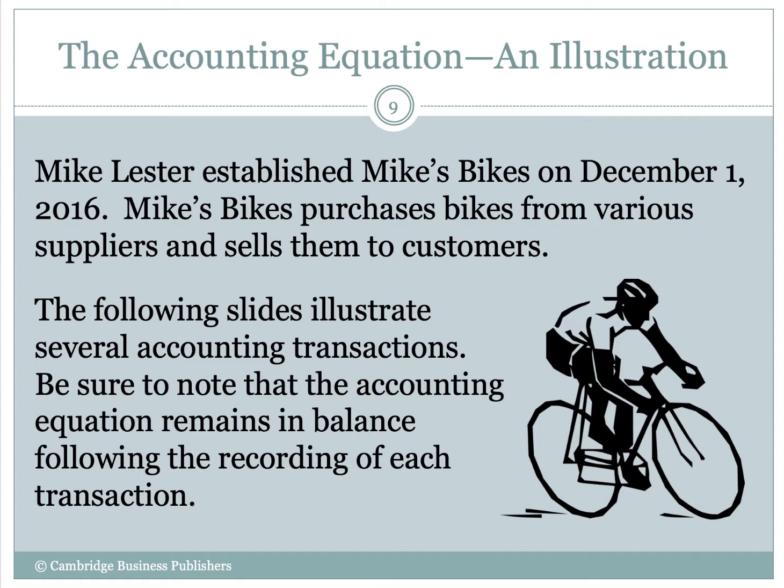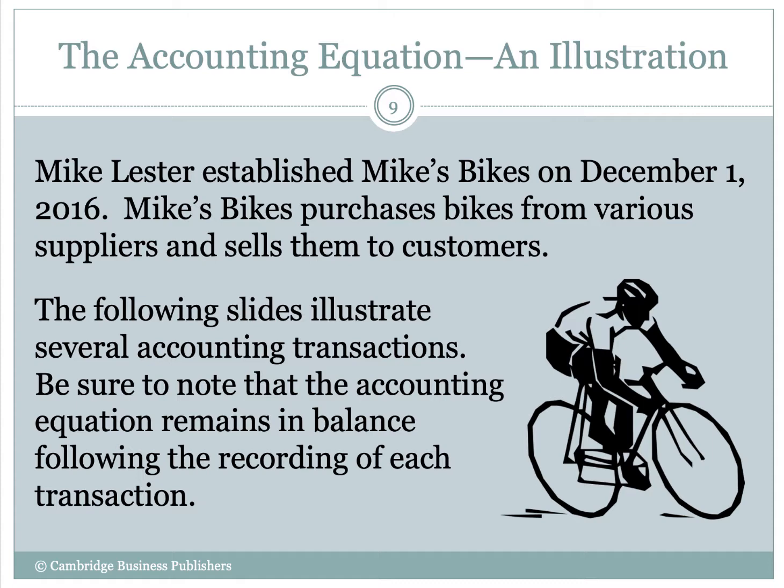That's really creative there. Mike's Bikes purchases bikes from various suppliers and then sells them to customers. So Mike's Bikes is a retail establishment. We're going to buy inventory, then turn around and sell that inventory to the public. So what we're going to do is look at some accounting transactions.